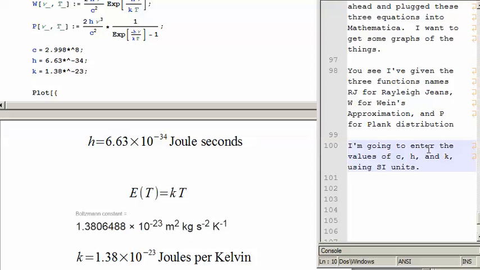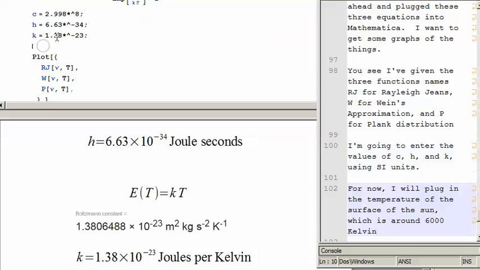I'm going to enter the values of c, h, and k using SI units. c is about 3 times 10 to the 8th meters per second. h is 6.63 times 10 to the negative 34th joule seconds. And k is 1.38 times 10 to the negative 23rd joules per Kelvin. For now, I will plug in the temperature of the sun, which is around 6,000 Kelvin.